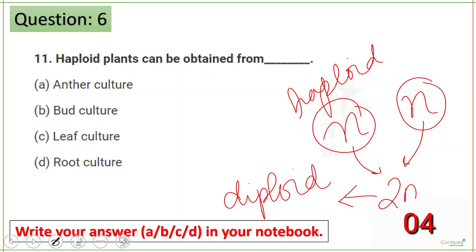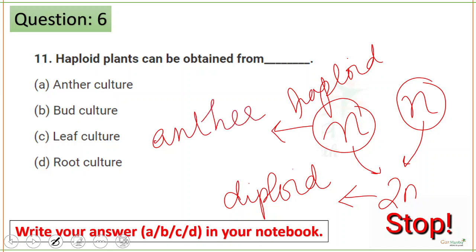So they are asking you haploid plants can be obtained from. So where can you obtain the haploid cells? Okay, you can obtain the haploid cells from the germ cells, that is from either the anther where you have pollen grains or the stigma.